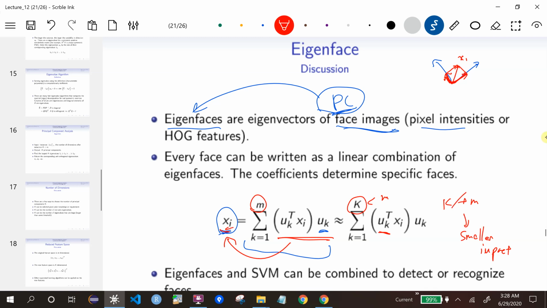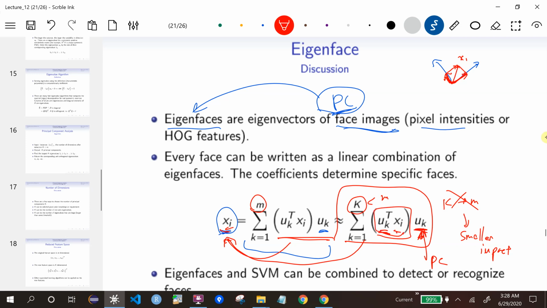So basically, we can get rid of all of these and just use the first k of them because they capture most of this image here. We can actually do the same thing for the faces. So what we are doing here is we can just store these principal component faces. Remember, these are faces, and these things are just numbers.